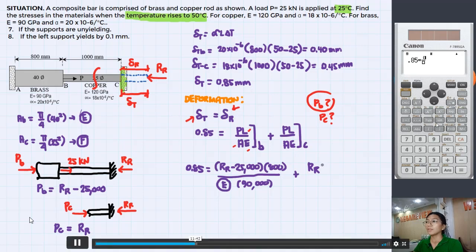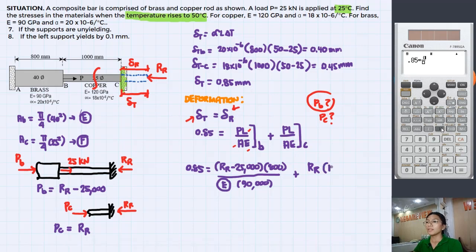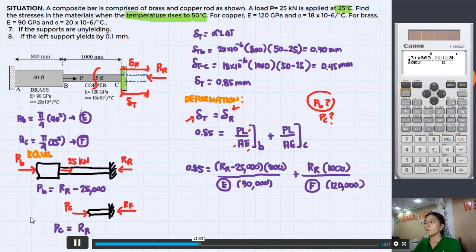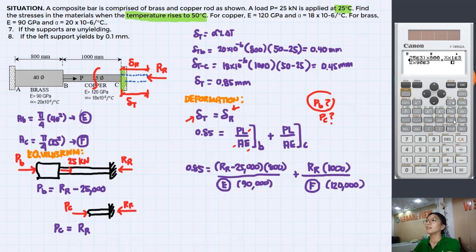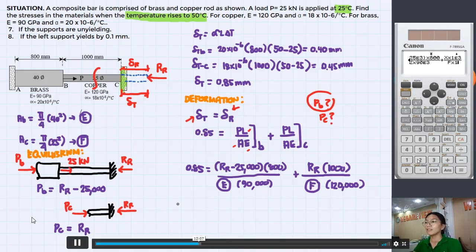Tama? Length is 1,000. Area of the copper nakastore kay F times 120,000. O, diba? Nagamit natin simultaneously si deformation equation and si equilibrium equation. Tama? From here, you can get the value of the reaction at the right support.